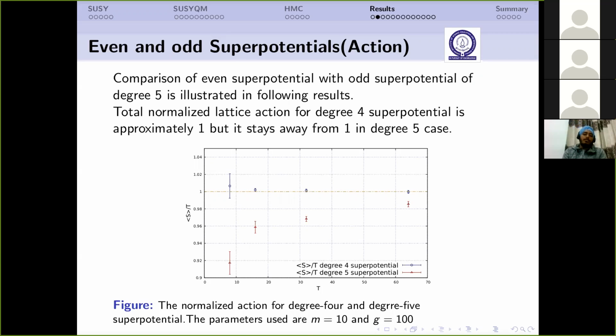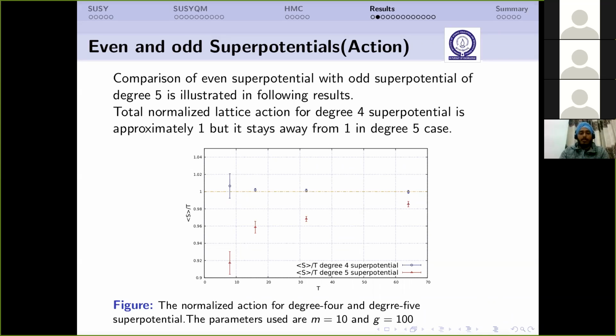The blue dots are for the even superpotential. In that case, the value of the normalized lattice action is nearly equal to 1 for all numbers of lattice sites. But in the case of the odd superpotential, the value of the normalized lattice action is not equal to 1.